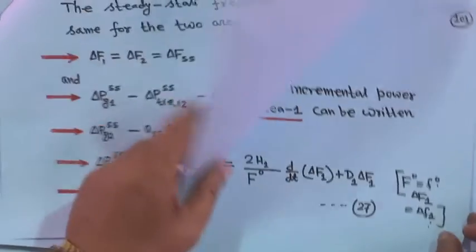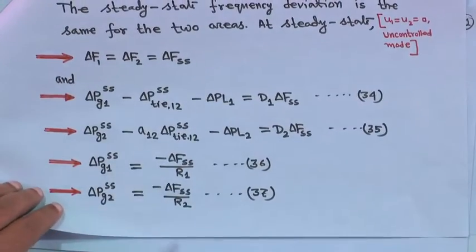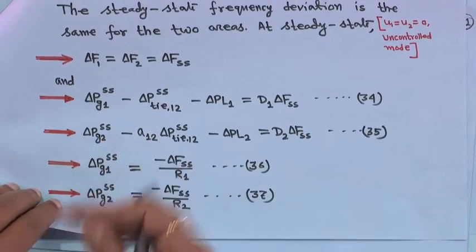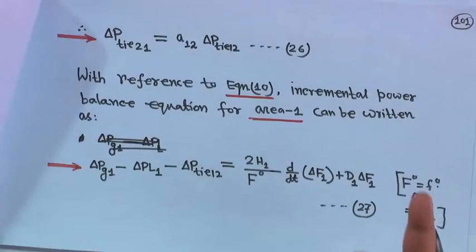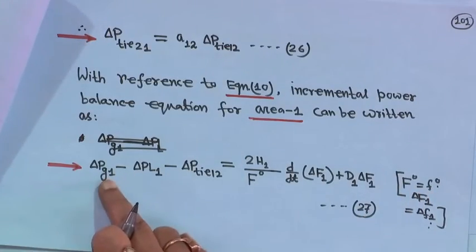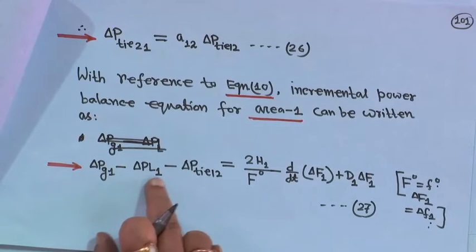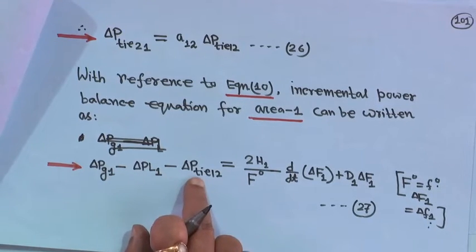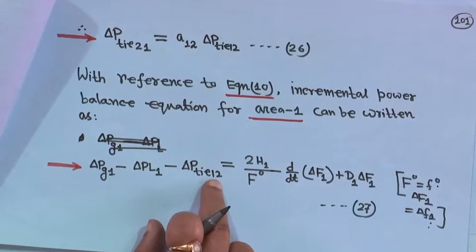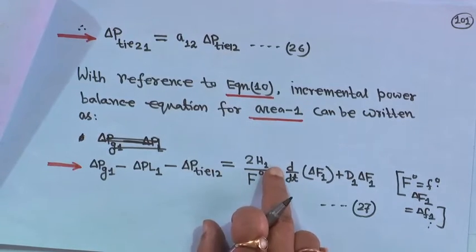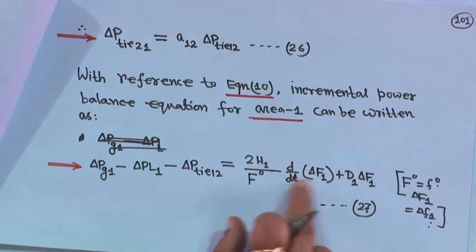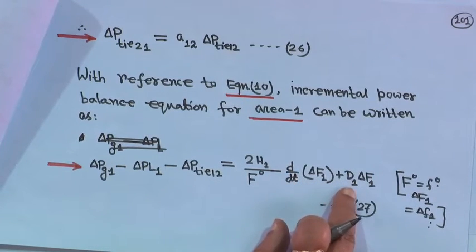Similarly, for area 2, the equation remains the same. I did not write that one, but it is understandable: delta Pg2 minus delta PL2 minus delta p ti 2 1, hence minus A12 into delta p ti 1 2, is equal to 2 H2 upon F0 into d/dt of delta f2 plus d2 into delta f2.